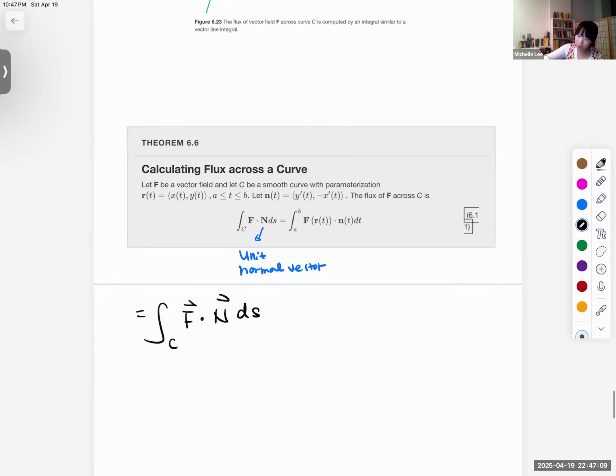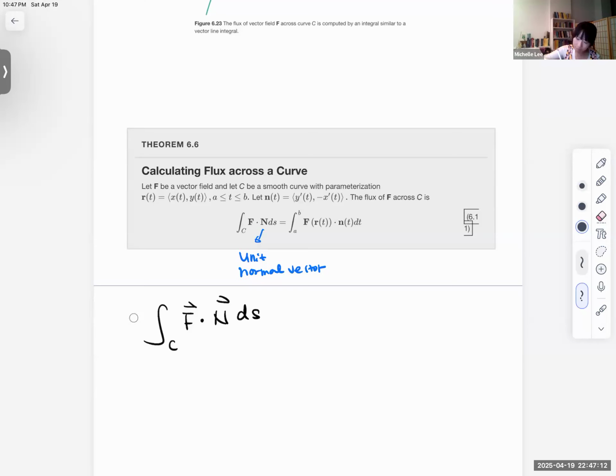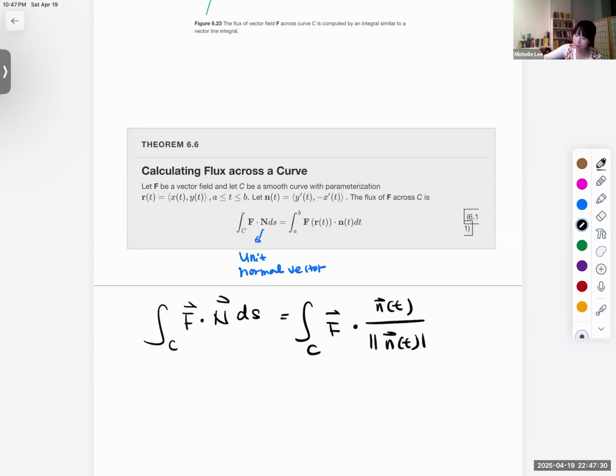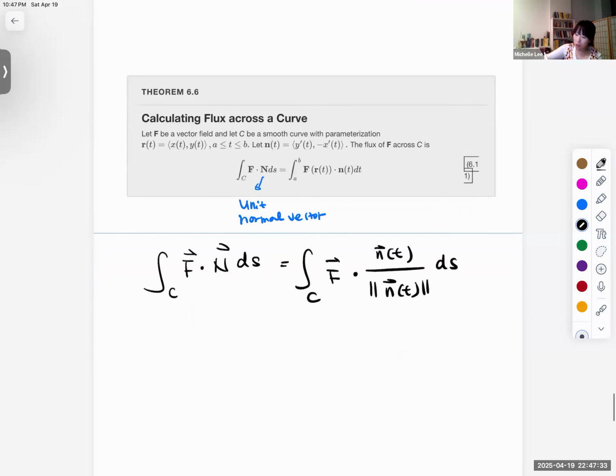We can express the unit normal as n of t over the magnitude of n of t, ds. We know what ds is, right? The magnitude of r prime of t, dt.